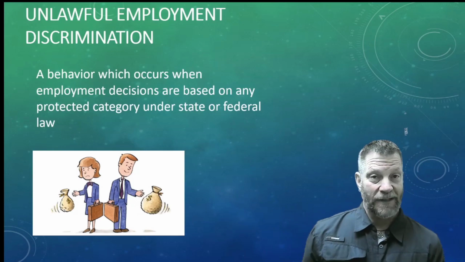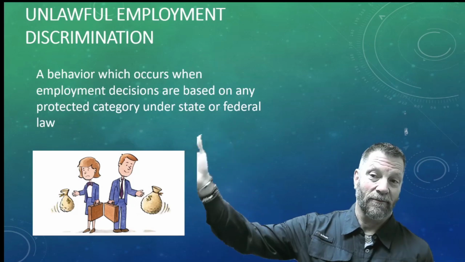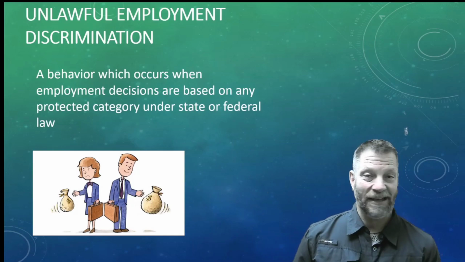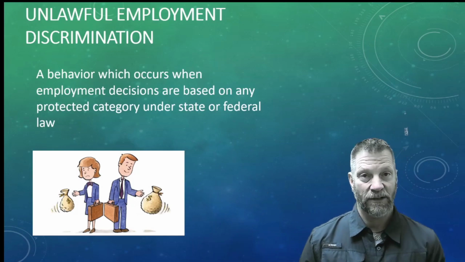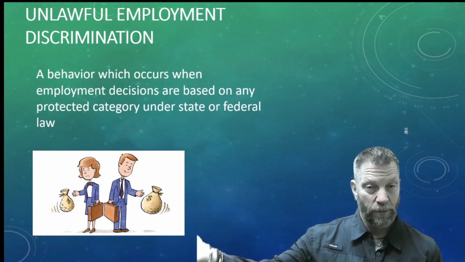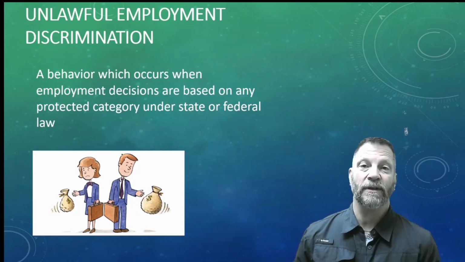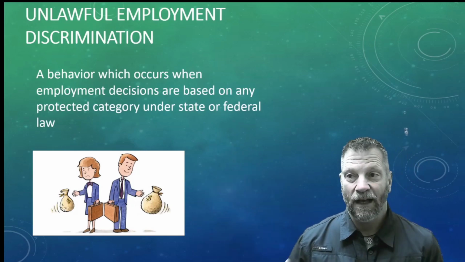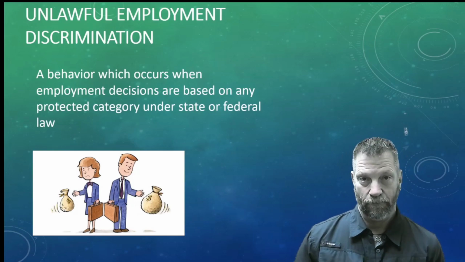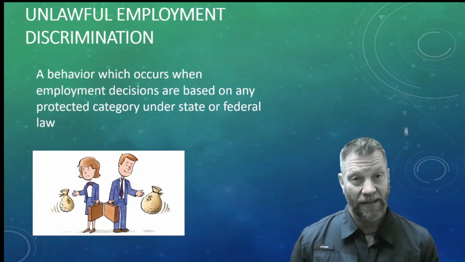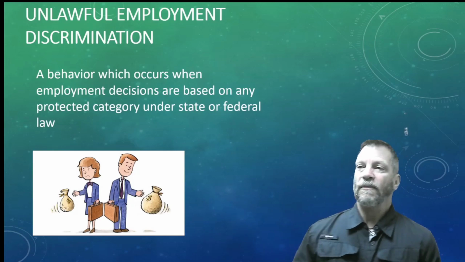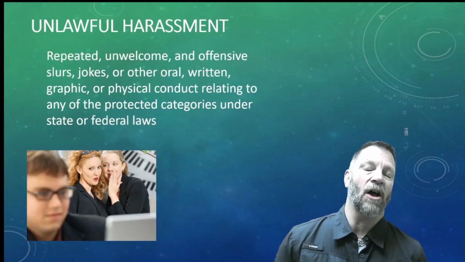If it's based on a protected category but doesn't involve an employment decision, then it's not unlawful employment discrimination. If it's an employment decision but it's not based on a protected category, then it's not unlawful employment discrimination. Make sense? Good.